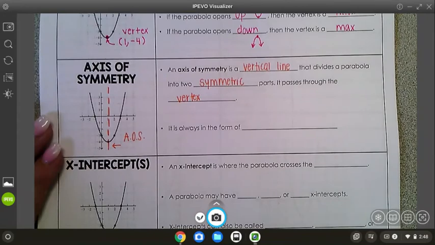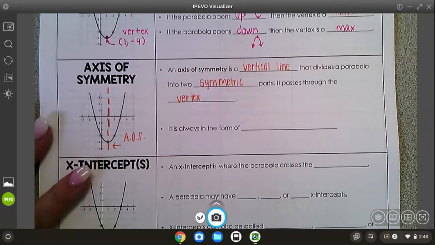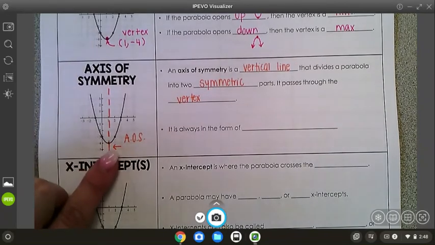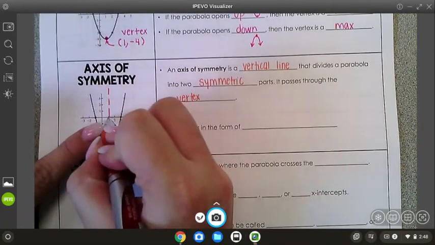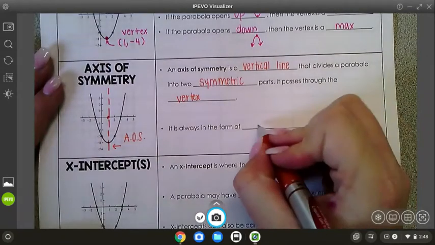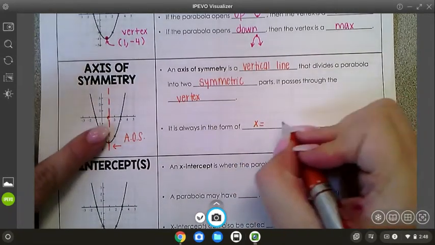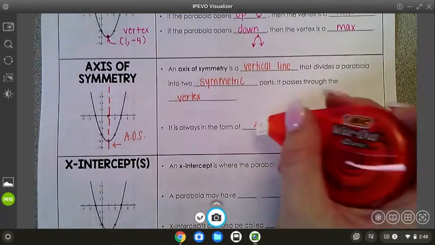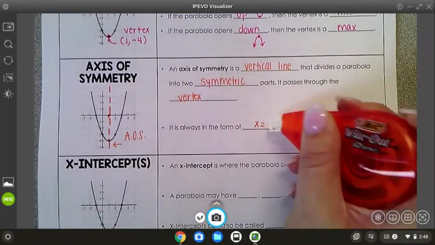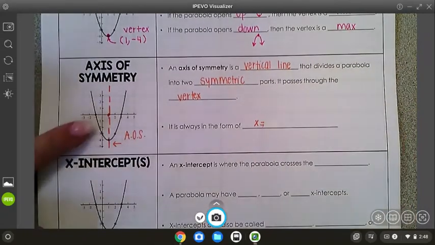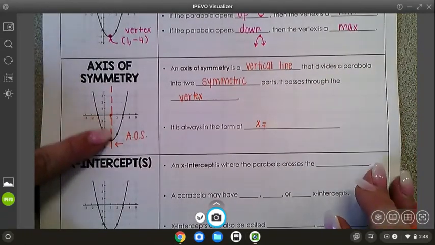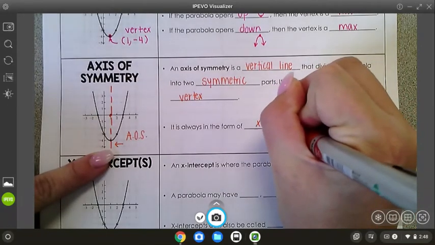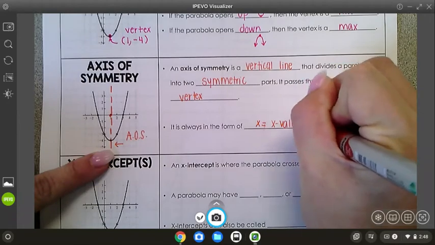Now, when we write this, it's a line. Lines have an equation. You don't just put a number. So because it passes through the x-axis, we say x equals 1. Oh, sorry, don't write that there. It's always in the form of x equals, in this case, it's 1. But no matter what your parabola will be, it's going to be the x value of your vertex.